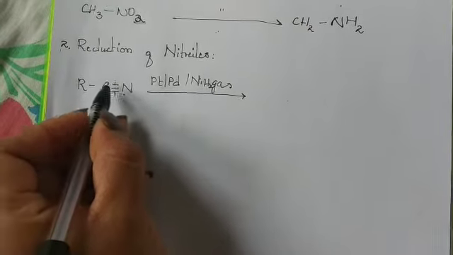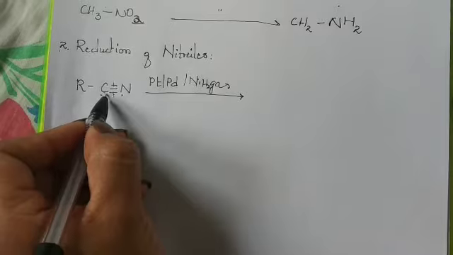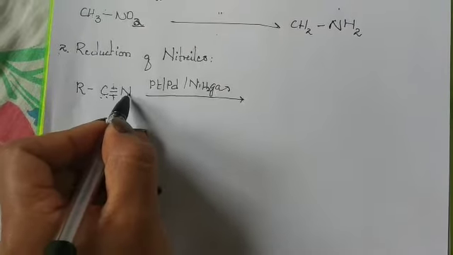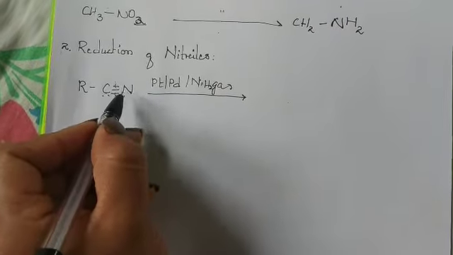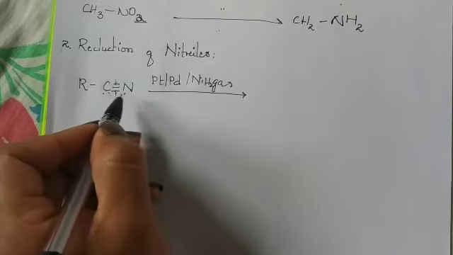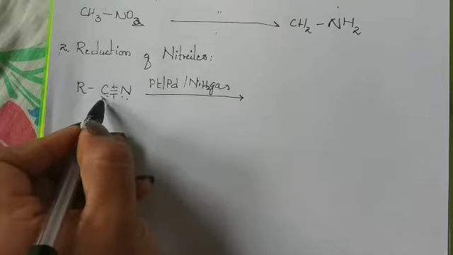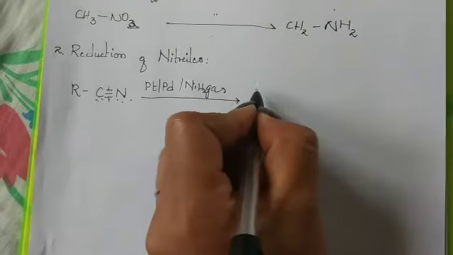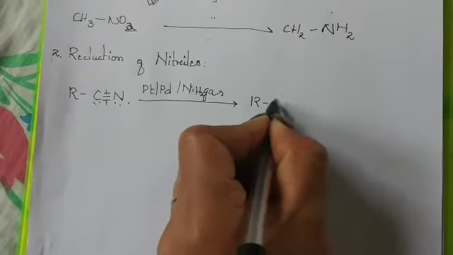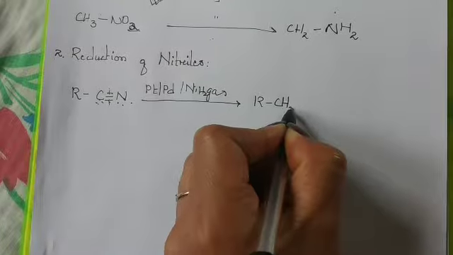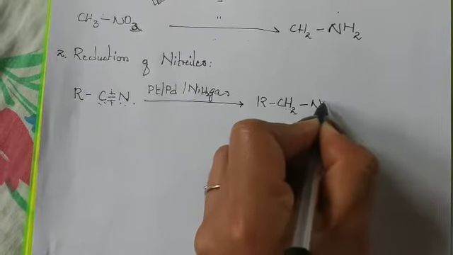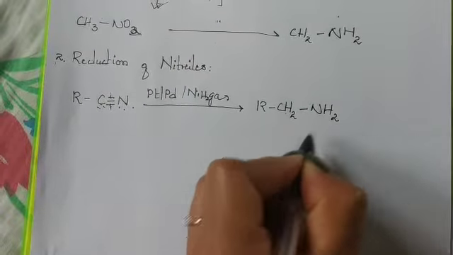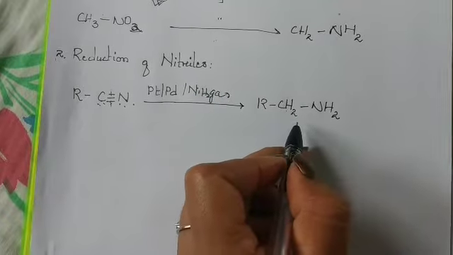There will be addition of two hydrogen atoms, and then here also two hydrogen atoms, one for carbon, two for carbon, and two for nitrogen. Now, we get our corresponding amine. Two hydrogens are added to carbon, and two hydrogens are added to nitrogen. Therefore, we get our corresponding primary amines.